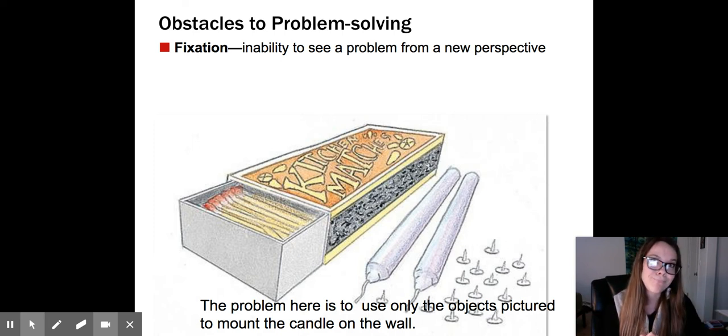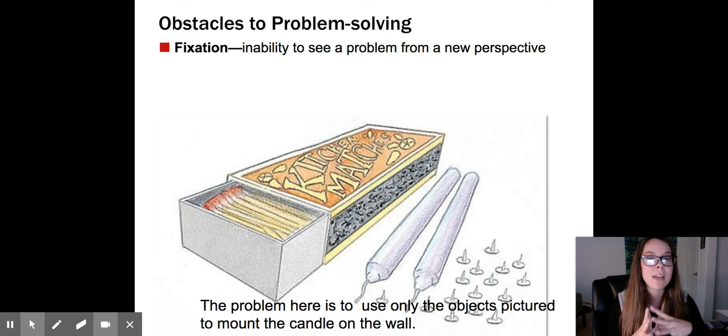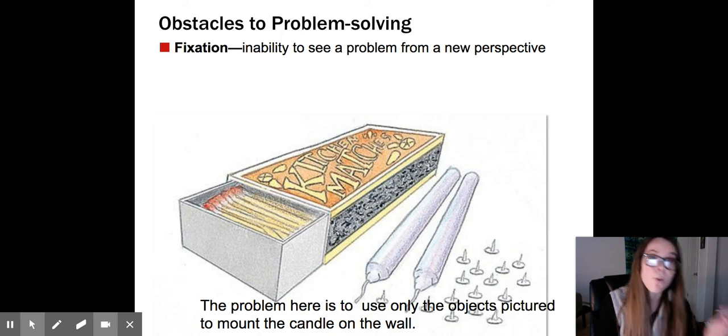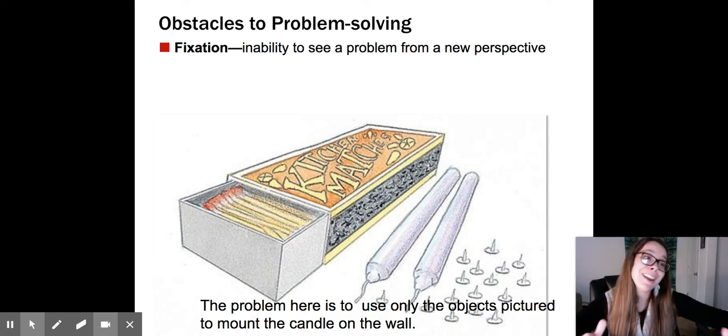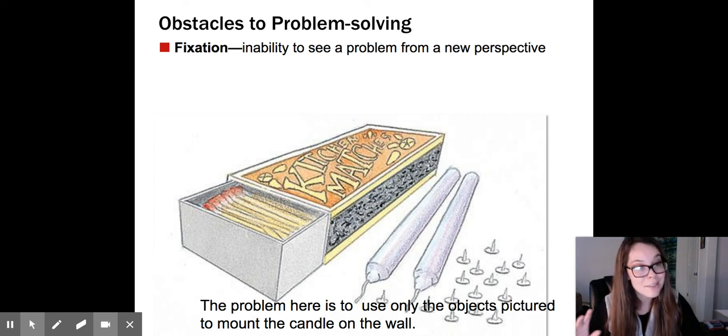So we have fixation. These are obstacles to problem solving. These things could affect your problem solving. Fixation is our inability to see a problem from a new perspective. We're fixated that this is the only way it can happen. That is an obstacle for our problem solving. If we're not able to see it in a different light, it restricts us, right?